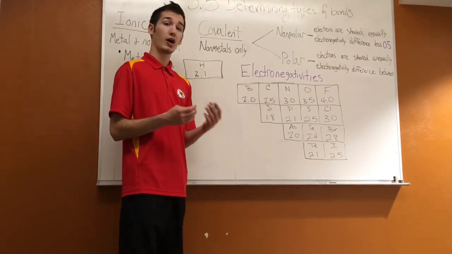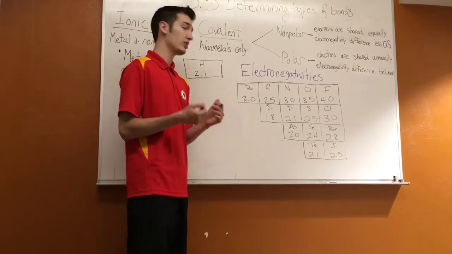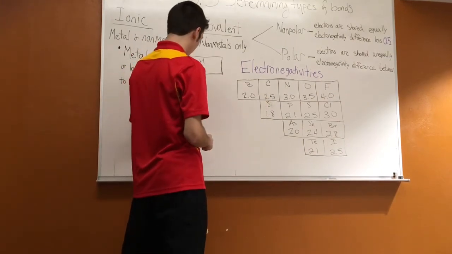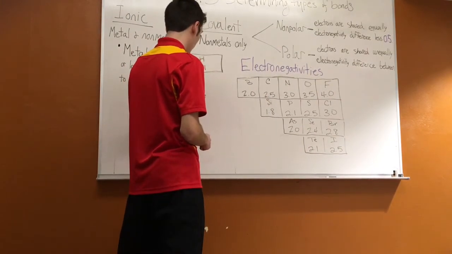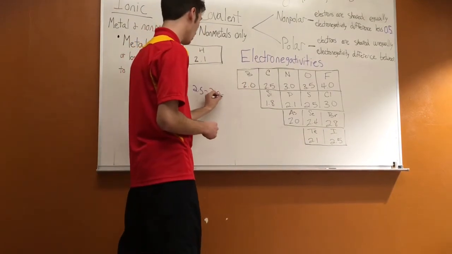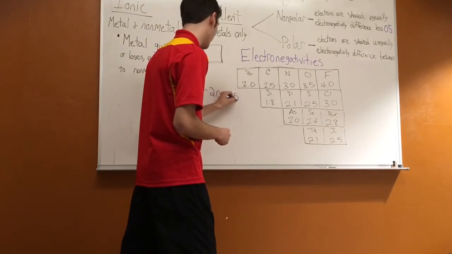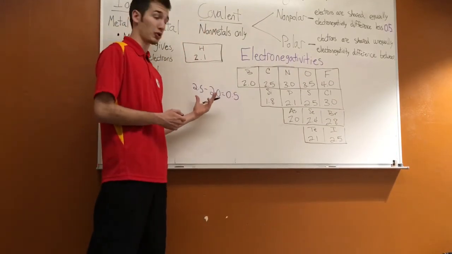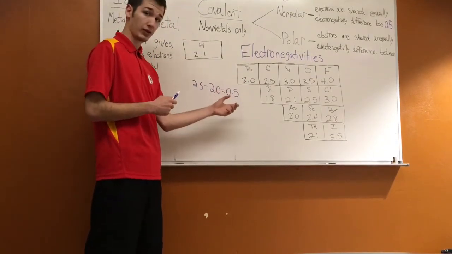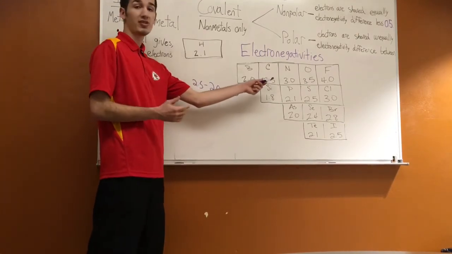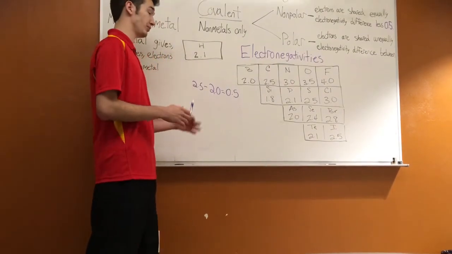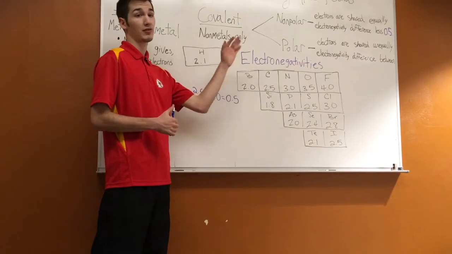If we had a compound where carbon and boron are bonded together, we can do 2.5 minus 2.0, which is boron's electronegativity, equals 0.5. This is just subtracting these two electronegativities. Since it's 0.5 or less, anytime carbon and boron are bonded together, it's going to be a nonpolar bond. So that's how you decide if it's nonpolar.